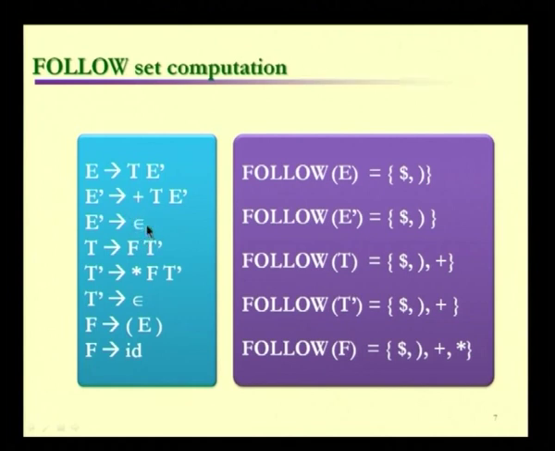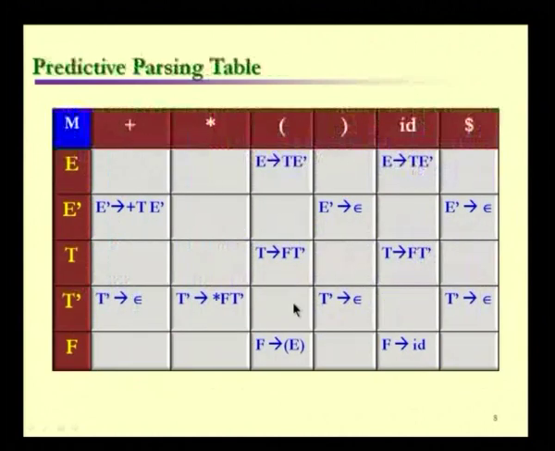So what you do here is compute the follow set of the left hand side, here E dash and here T dash. So the entries are going to be E dash comma the follow set of E dash, and T dash comma the follow set of T dash.